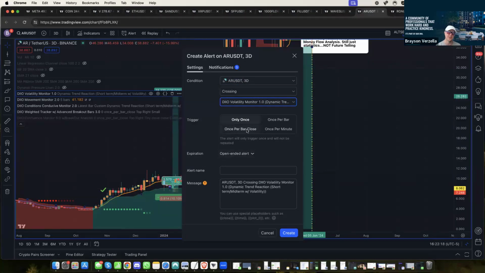And I don't want to know when it just crosses it and doesn't close. I want to know when it crosses it and the candle actually closes there on, again, specifically the 3-day time frame, right? And so it's going to calculate it based on the time frame that you're on. So that's what I want to know. When does the 3-day price action cross and close above a red candle, right?